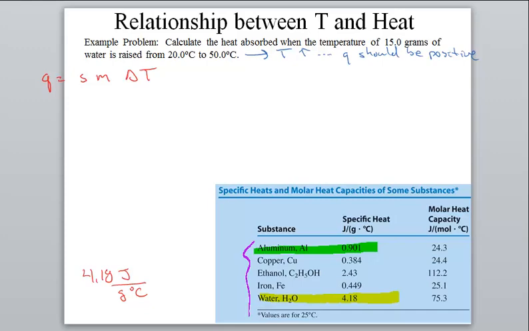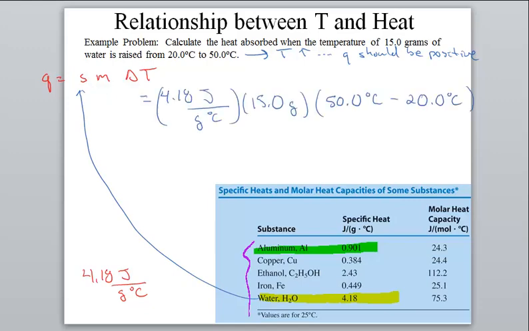So we have a constant and it has units. Again, the units of your constant tell you what units your variable should be in. So make sure your amount of substance, the mass, is in grams and the temperature change is in Celsius. The change of temperature is always final minus initial.